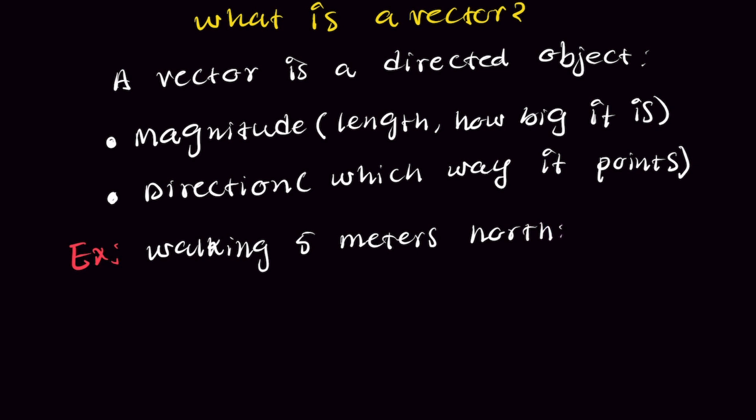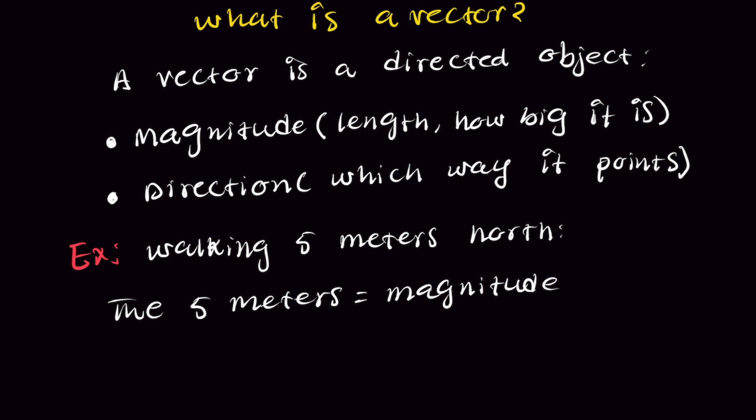In this example, the 5 meters is our magnitude, and the north is our direction.